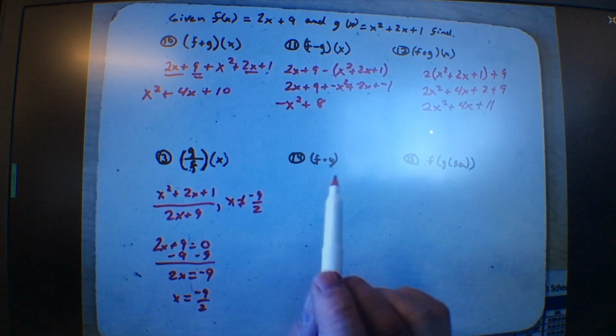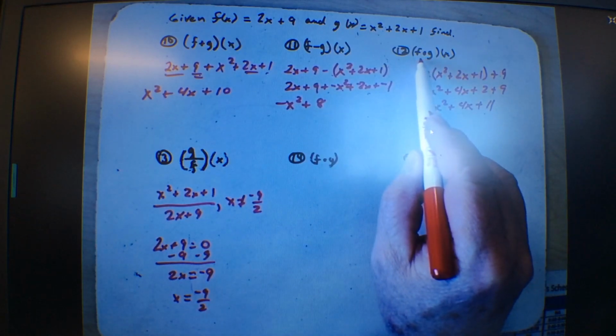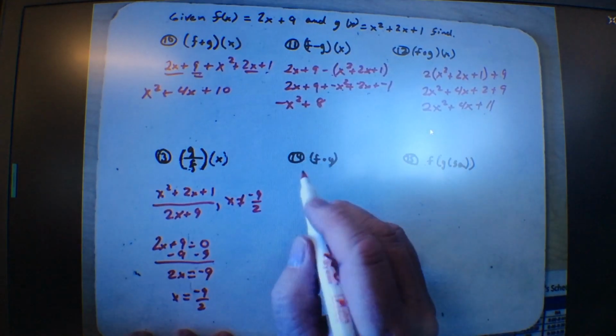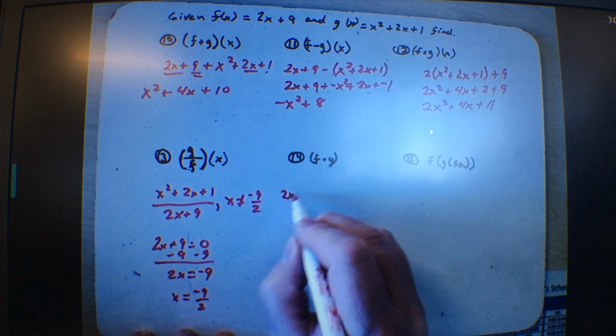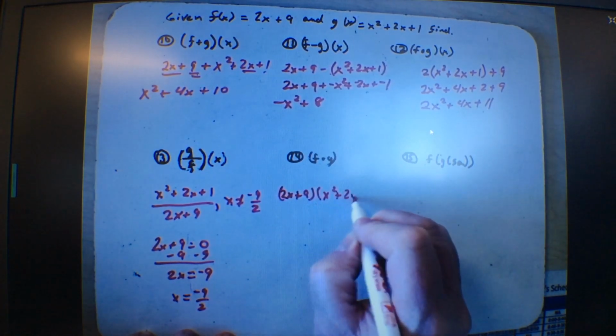Okay, several years ago I had a student that forgot that this was different than this. That's an open circle, this is a closed. This means multiplication. That means I have f, which is 2x plus 9, times x squared plus 2x plus 1.